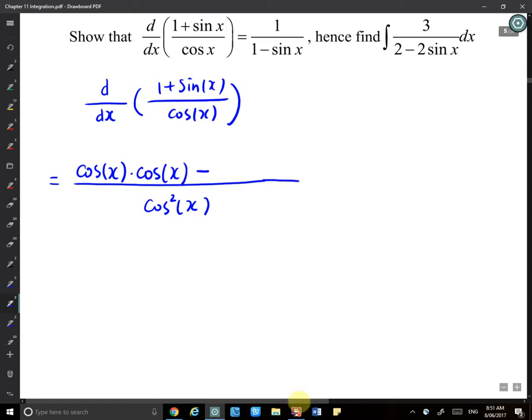Minus, now you need to derive the cosine x. Cosine x will become negative sine x, so you plus sine x times 1 plus sine x in the bracket.